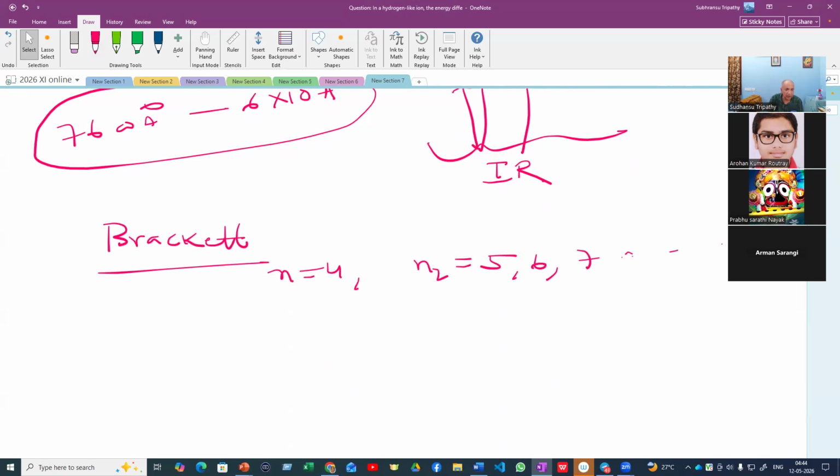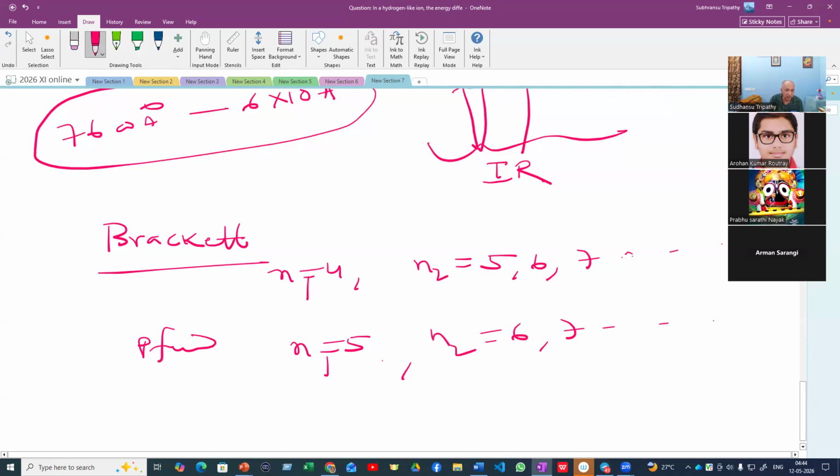And similarly, the Pfund series, n1 is equal to 5, and n2 is equal to 6, 7, 8, 9. And similarly, the Humphreys, the last series discovered so far, n1 is equal to 6, n2 is 7, 8, 9, 10 and so on.